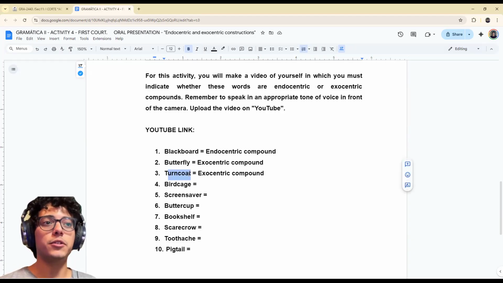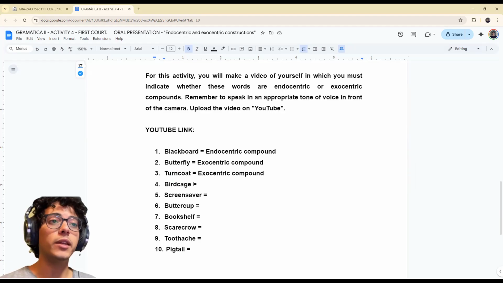It's an expression, and you have to know the meaning of the words before so you can know. Turncoat is a word used to describe someone who is disloyal. So that's why it is an exocentric compound.